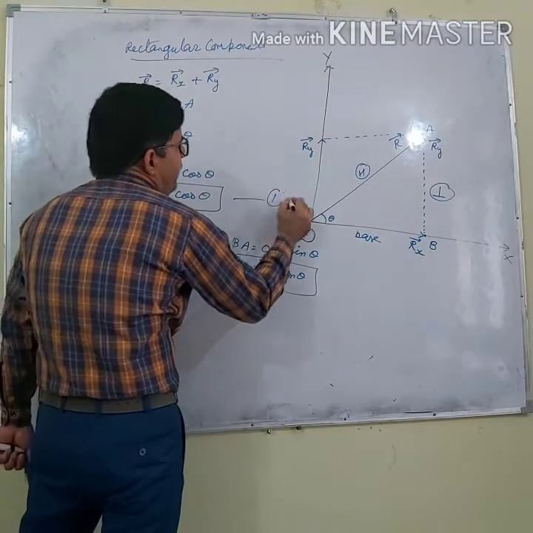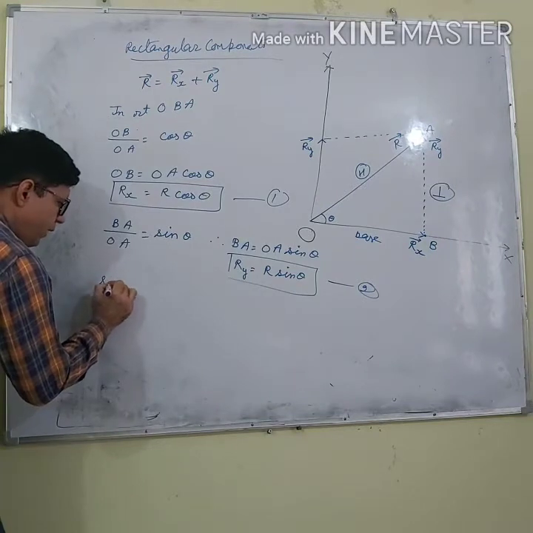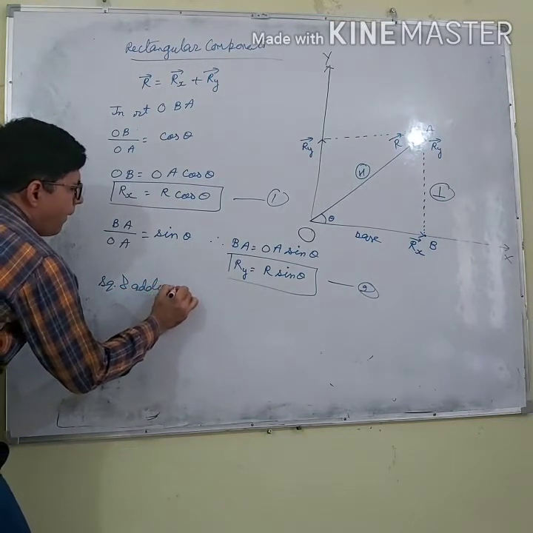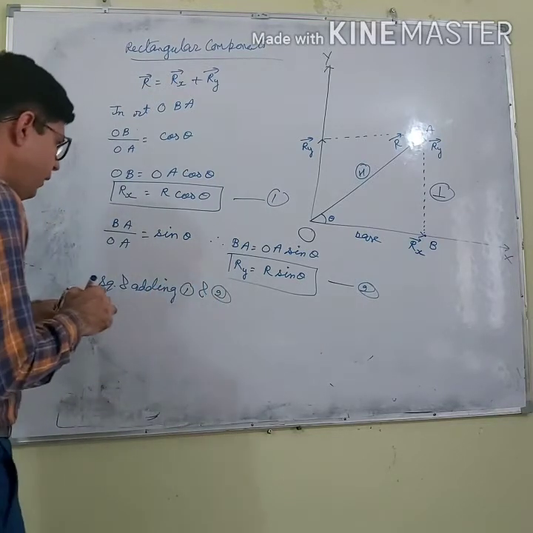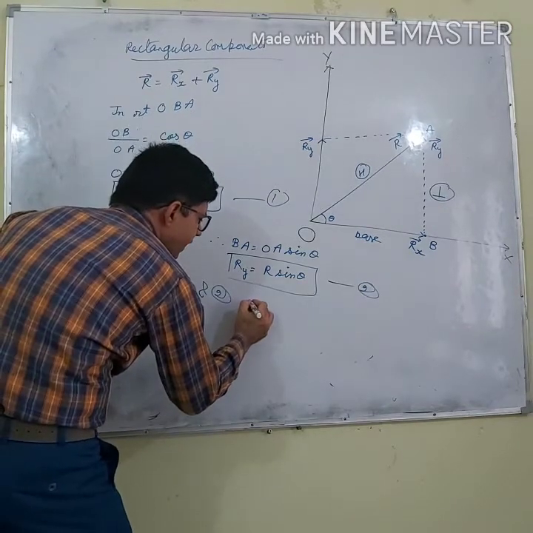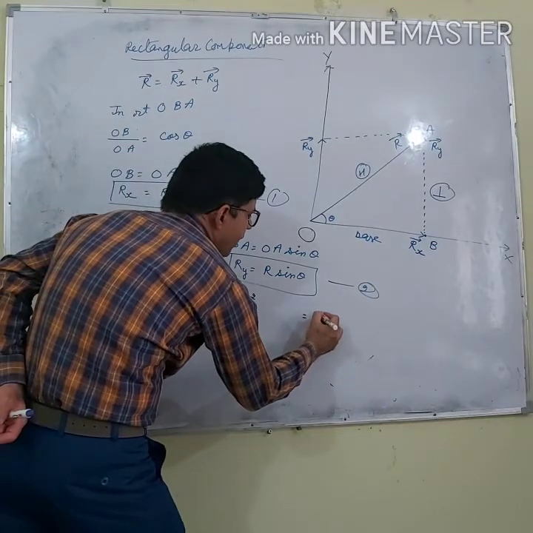Let us say this is 1, this is 2. Squaring and adding 1 and 2, what will I get? Rx square. What is Rx square?